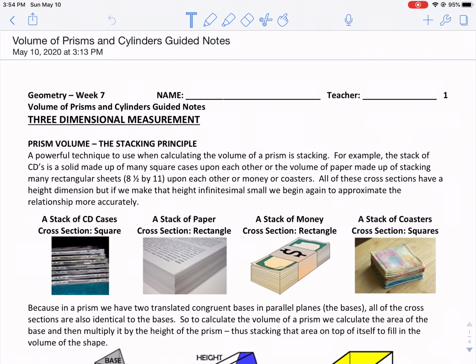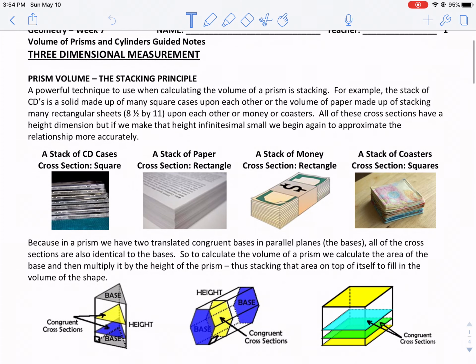What this first part does is basically show you how we get the volume equation. Since we're now in 3 dimensions, we're taking a whole bunch of flat things and stacking them on top of each other. A good way to think about this is a ream of computer paper. One sheet of paper is not very thick at all.